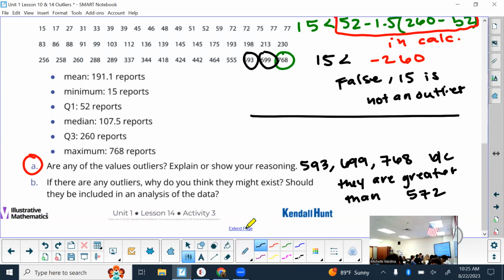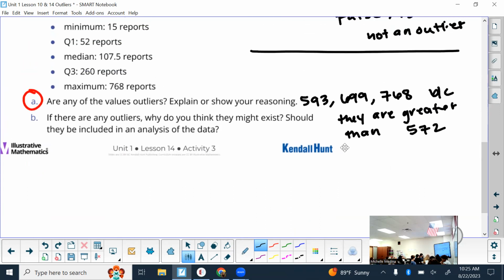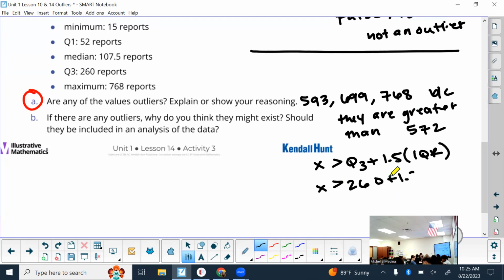Since these values are on the right side of the data, closer to Q3 than Q1, we're going to use this formula, where if X is greater than Q3 plus 1.5 times the IQR, then they are outliers. So hold on one second. Q3 is 260, right? We get that from here. Plus 1.5, because it would have to be greater, so we'll change that minus to plus. And then the IQR is Q3 minus Q1, so 260 minus 52.